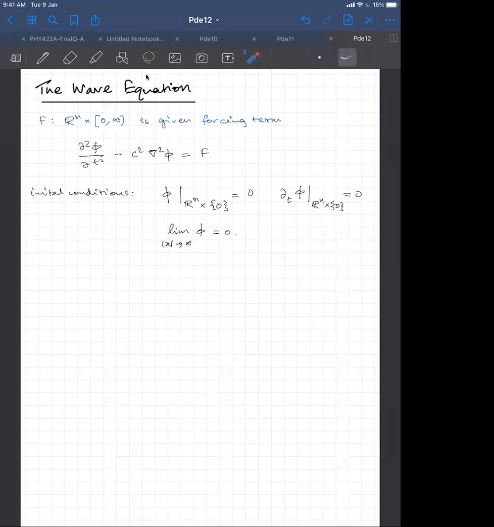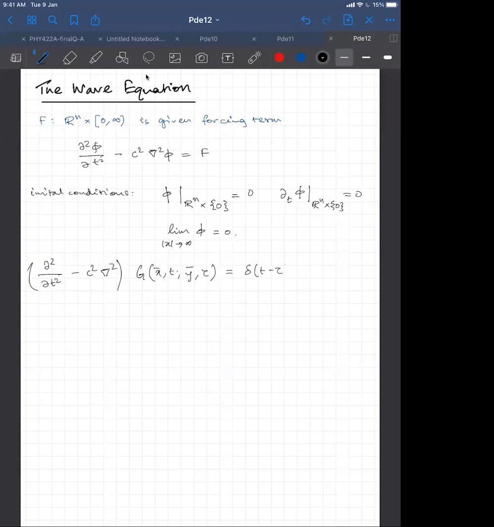Okay, so we now seek a Green's function of the following form. So the Green's function has to satisfy del squared over del t squared minus c squared grad squared acting on g of x, t, y, tau. Let's put some vectors because we're doing it in, say, 3 dimensions, so n dimensions, n plus 1 dimensions.